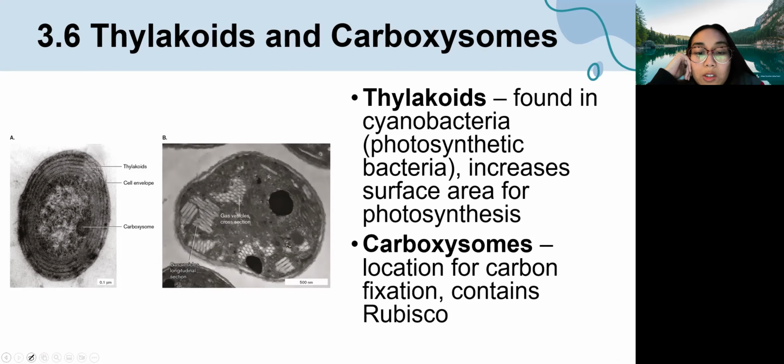We also have carboxysomes. These are the location for carbon fixation. Carbon fixation is essentially the Calvin cycle, if you think about it. Because bacteria can do photosynthesis, they can also do, of course, the Calvin cycle. And so they will have rubisco and these carboxysomes, and that's where the carbon fixation reactions happen.